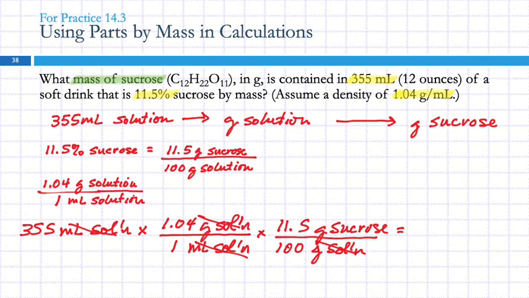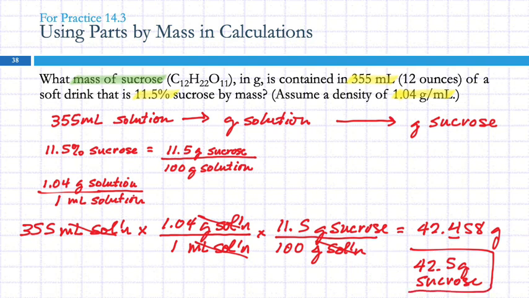So 355 times 1.04 times 11.5 divided by 100. Calculator says 42.458. And my smallest number of sig figs is 3, so this is going to be 42.5 grams of sucrose. Any questions?